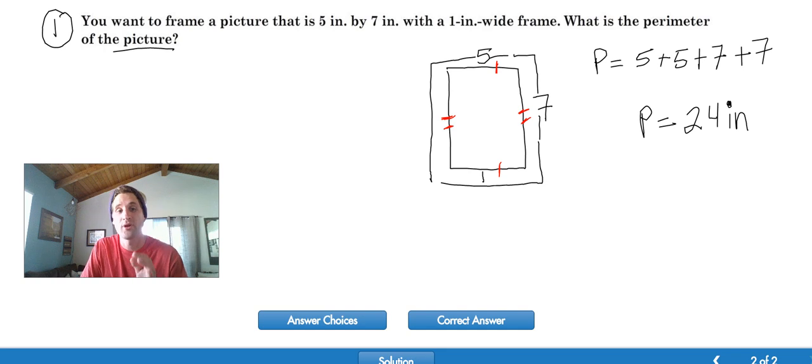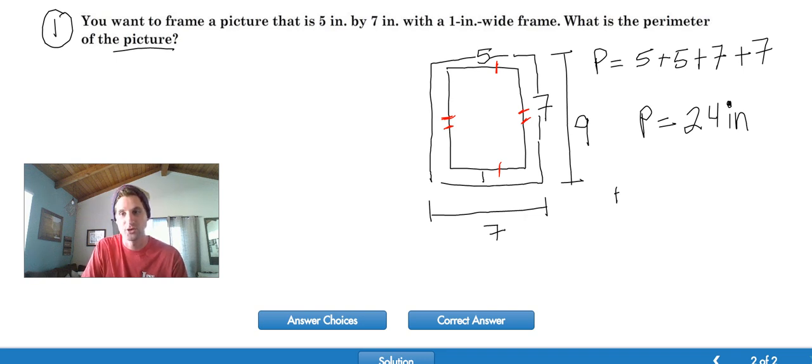Now, if they wanted the perimeter of the frame, we'd have to add an inch. So an inch here and there. So this would be a total length of 9, and this would be a total length of 7. So it would get larger. So if I were to find the perimeter of the frame that goes around it, which we're not, we do 7 times 2 plus 9 times 2, which would be 14 plus 18.